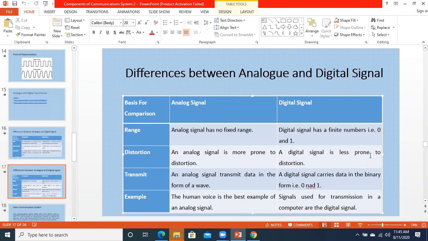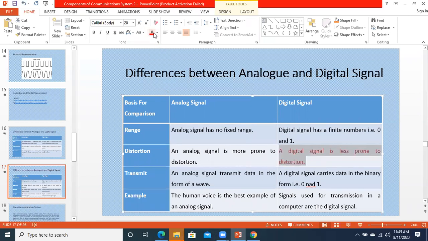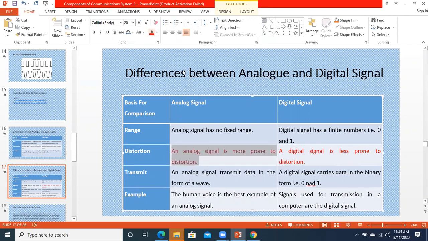But the digital signal is less prone to distortion. Environmental factors, noise factors and other factors are not going to destroy the quality of the signal. So the digital signal has this advantage over the analog signal.